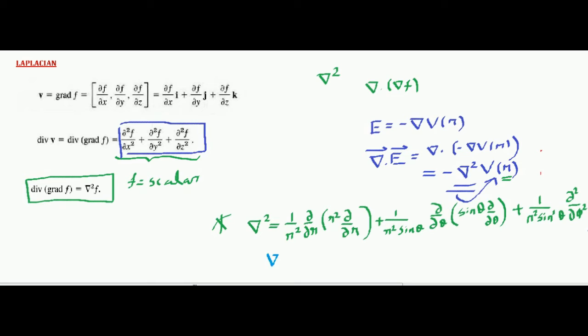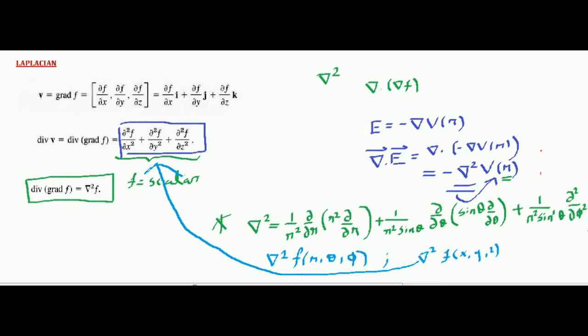Whenever the Laplacian has to act on a scalar function, and if that scalar function depends on r, theta and phi, then you need to use the spherical polar coordinate. However, if you have a scalar function that depends on Cartesian coordinate x, y and z, then you can use the Laplacian in the Cartesian coordinates. So Laplacian in the Cartesian coordinate has been given here.